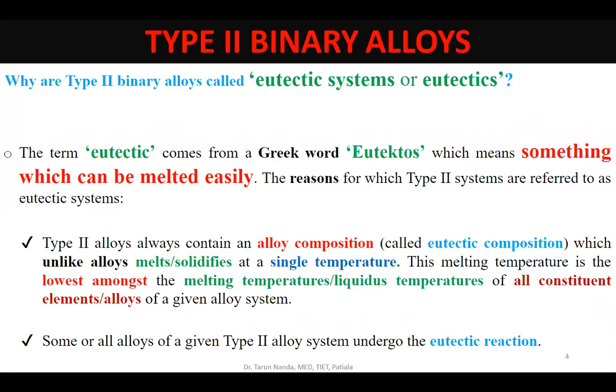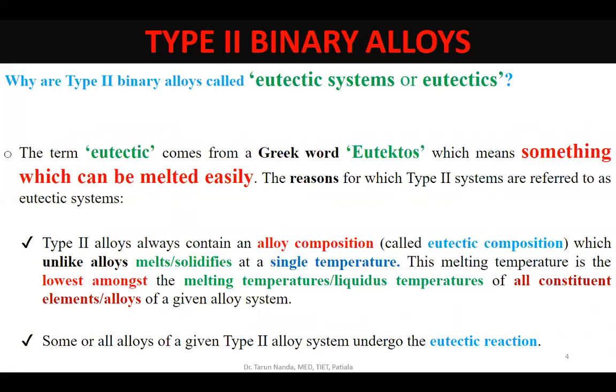Point number 1, when you take any type 2 alloy system, for example bismuth cadmium, you can form an infinite number of compositions by taking bismuth and cadmium in different proportions, and you can form an infinite number of different alloys out of them.